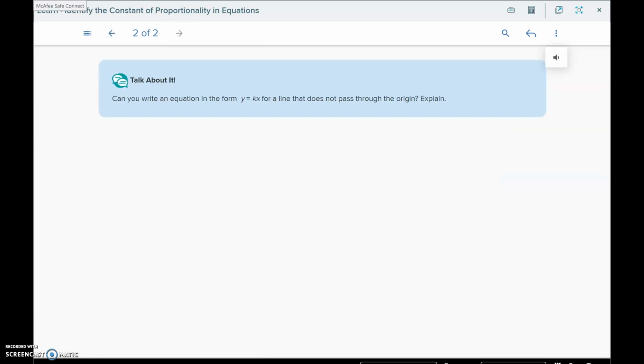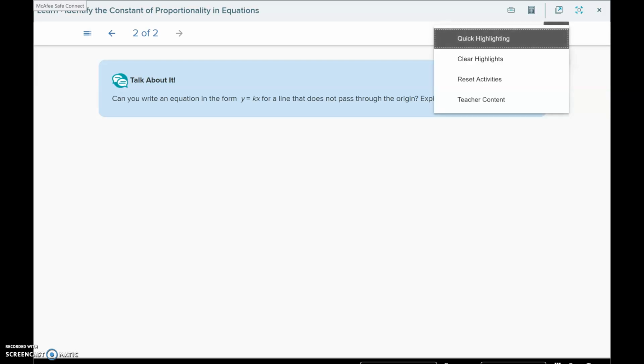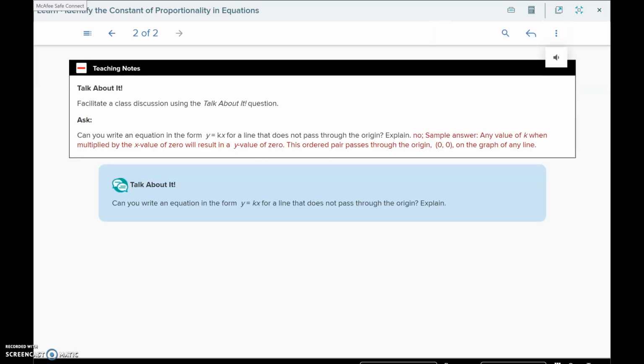So, can you write an equation in the form of y equals kx for a line that does not pass through the origin? Could I, using y equals kx only? I can't. And that is because, as it says, no. Any value of k when multiplied by the x value of 0 will result in a y value of 0.